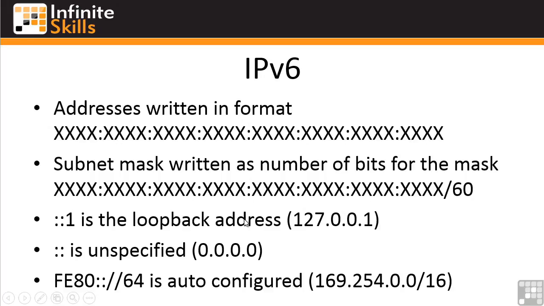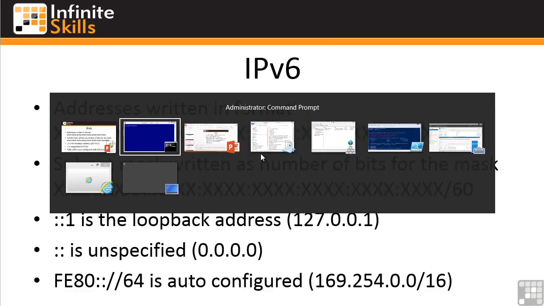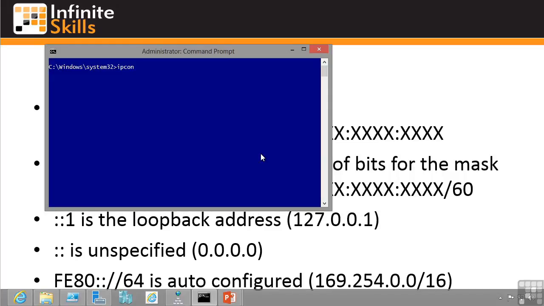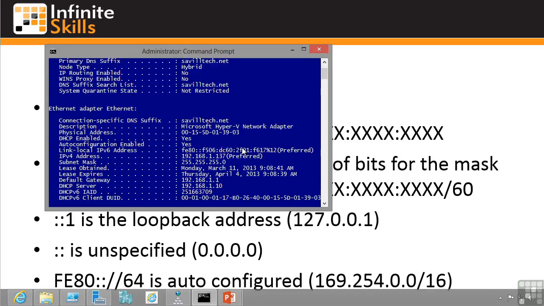Now we still have some of our common addresses that we thought of from the IPv4 days. If I open up my command prompt, firstly I can see what my local address is. If I do my ipconfig, I can see here my IPv6 address, and this is a link-local address. This is a stateless address, which I'm going to talk about more later, but this has been automatically generated, but it's still routable. So this is the IP address I'm using, but I also have the loopback address.